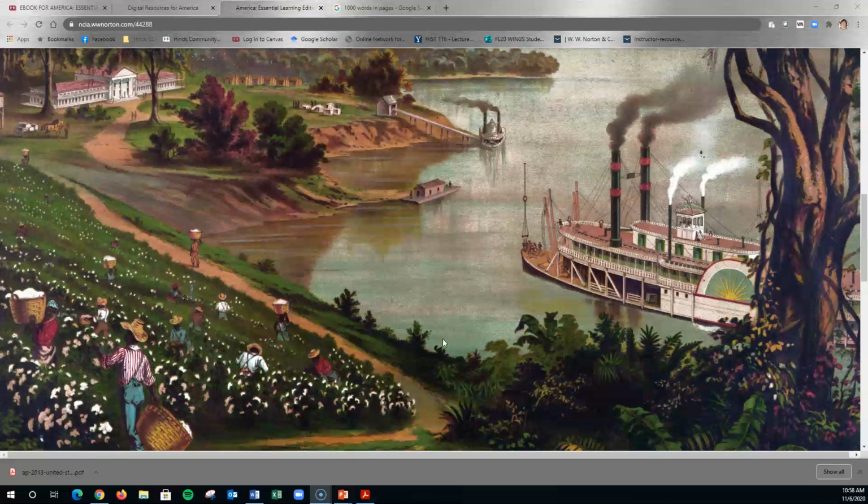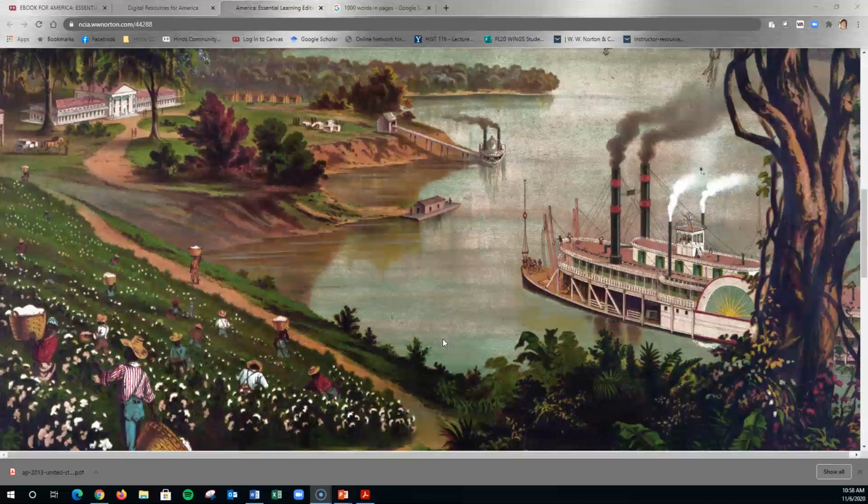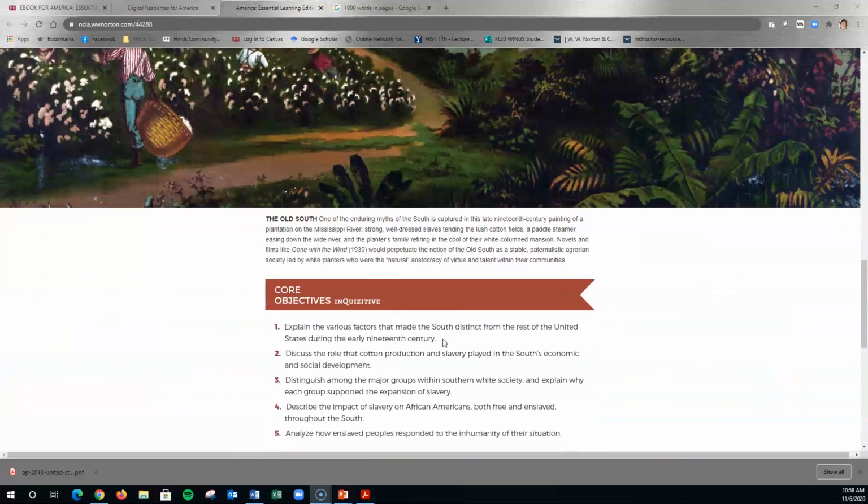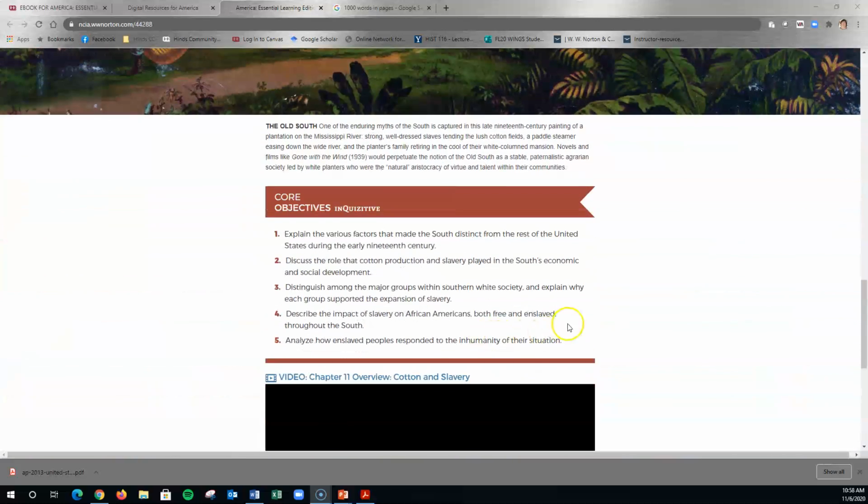If you look at the objectives here, the major objectives of this chapter deal with what is considered to be the Old South.